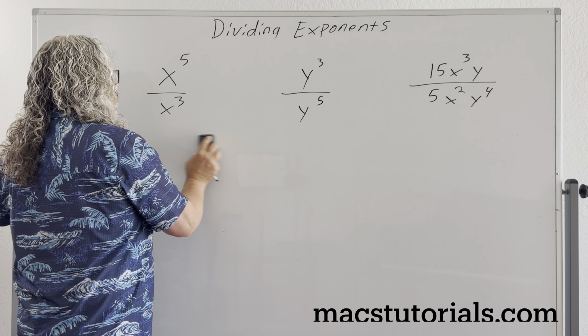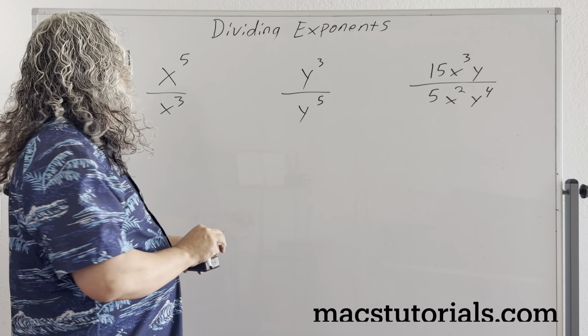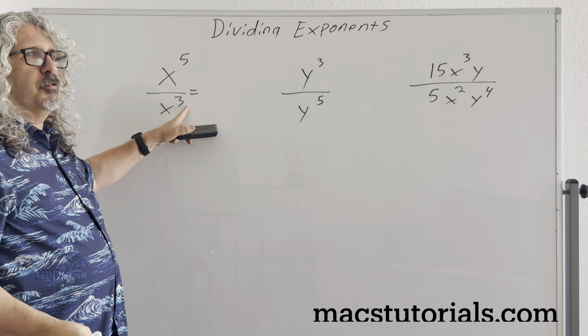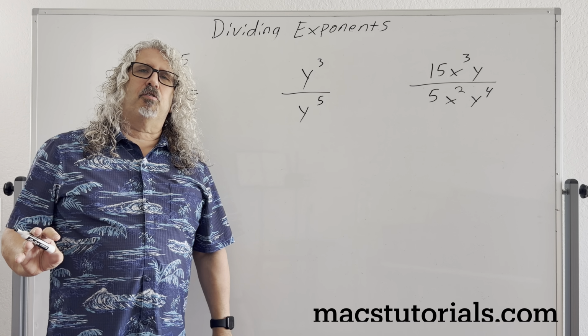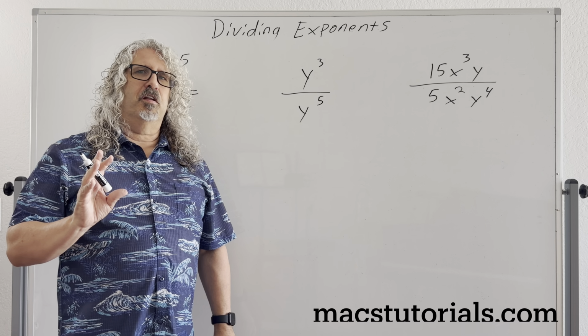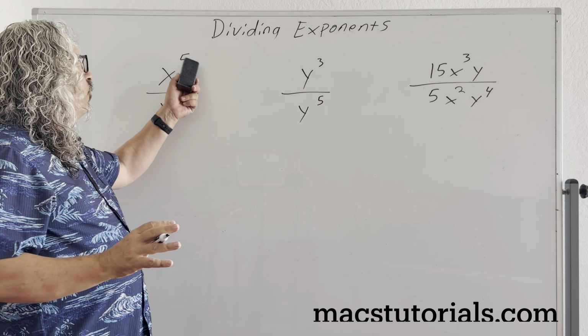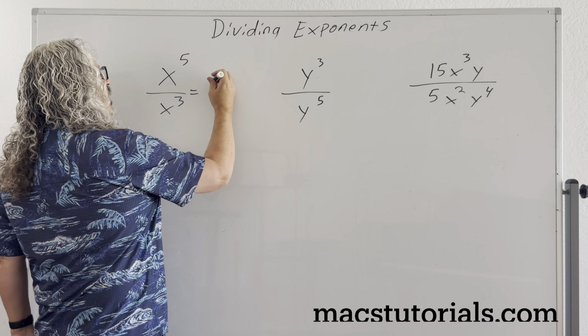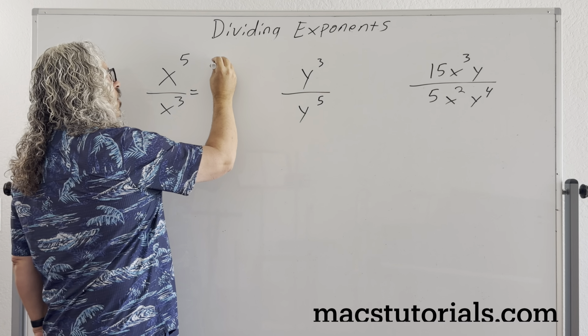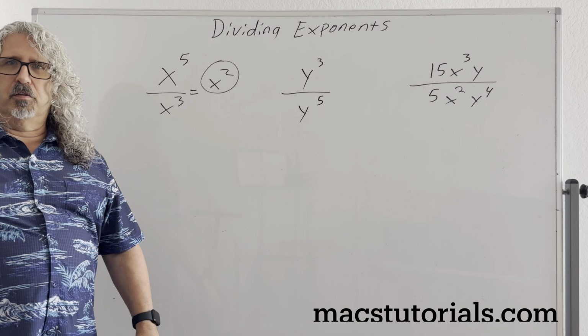The way I want you to see it is as a subtraction problem, but what we need to do is subtract the 5 and the 3, and this is where people mess up. They forget what side to put it on, okay? You need to put it on the side with the bigger number. So this just becomes an x squared over 1, because this one goes away. It's just an x squared on top.